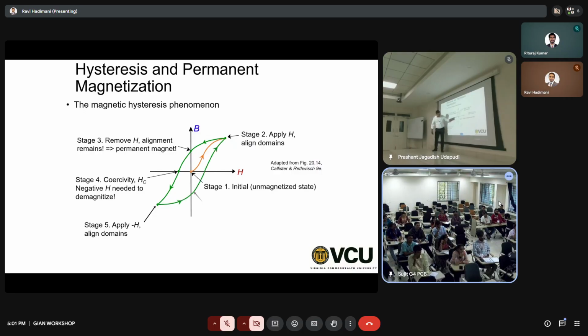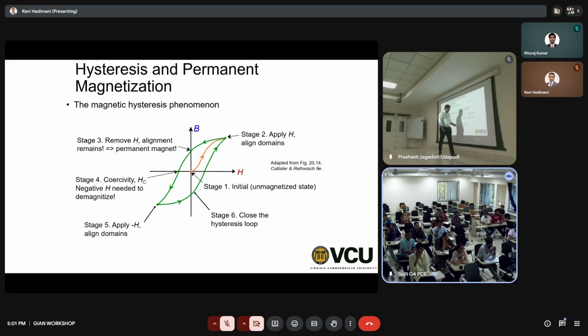Now you remove the negative field, go back here, it comes here, now go here, it comes. So this is called the hysteresis loop. This is remanence magnetization or remanence B, and this is the coercivity or coercive field. That is how much field you need to apply to make the remanence go away.